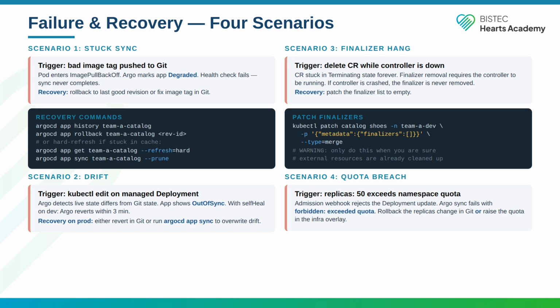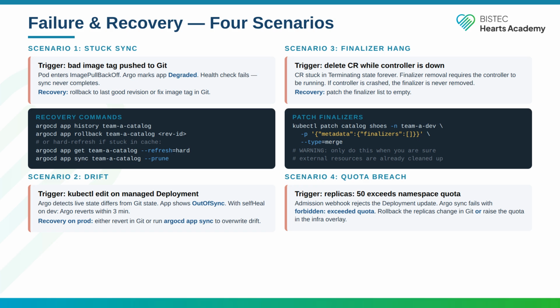Recovery uses the Argo CD CLI. Check the application's sync history, then roll back to the last known good revision. This is a Git-coordinated rollback. It sets the sync target to a previous commit revision without modifying the Git history. Scenario 2: drift. Use kubectl edit on a managed deployment to change the replica count directly in the cluster.